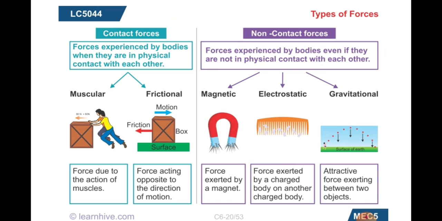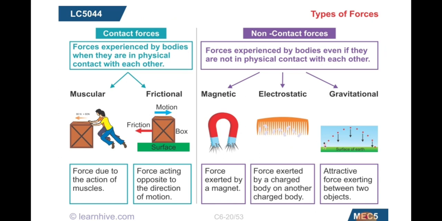The muscular force is due to the action of our muscles, whereas the frictional force is the force acting opposite to the direction of motion. In the case of non-contact forces, the force is experienced by the bodies even if they are not in physical contact with each other. The examples are magnetic, electrostatic and gravitational.